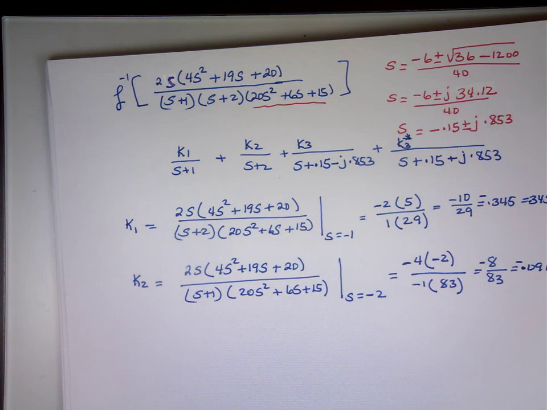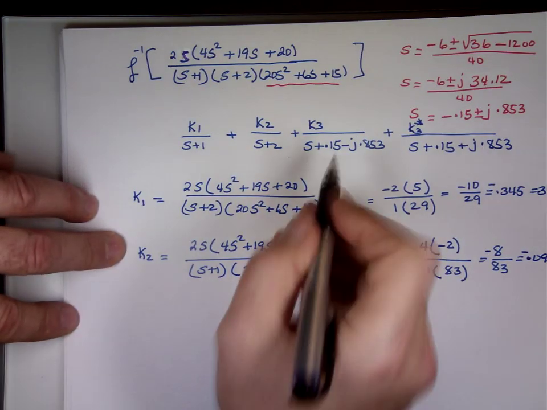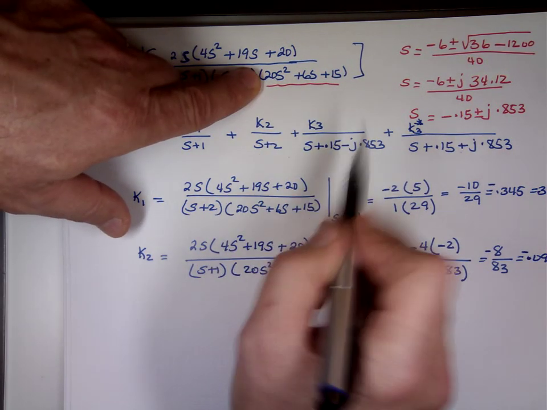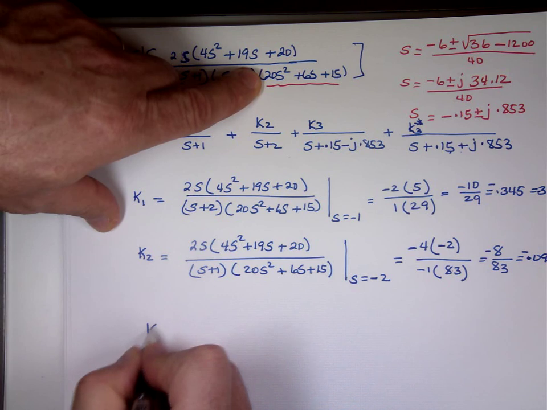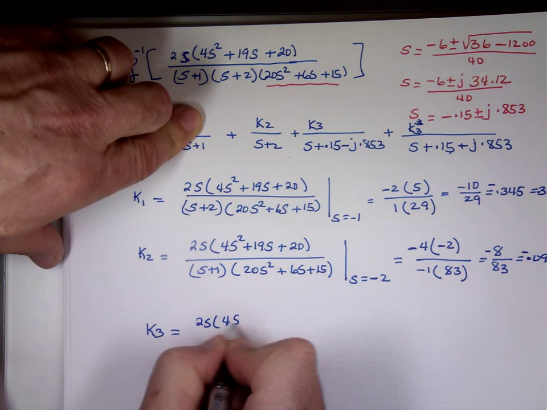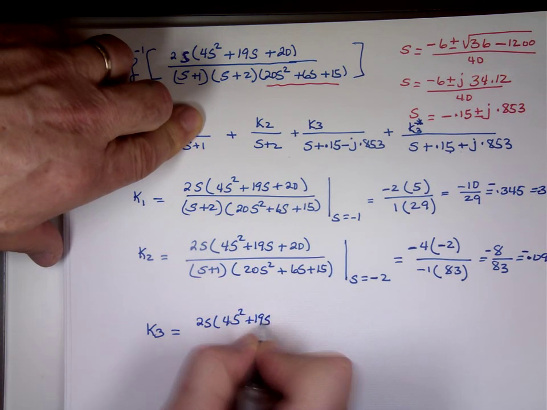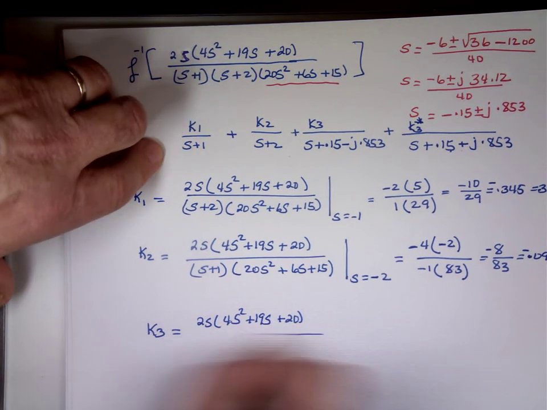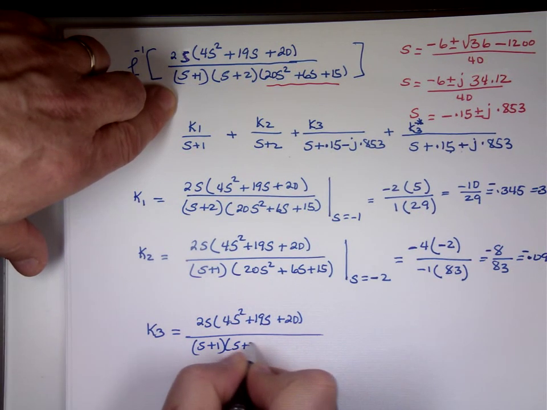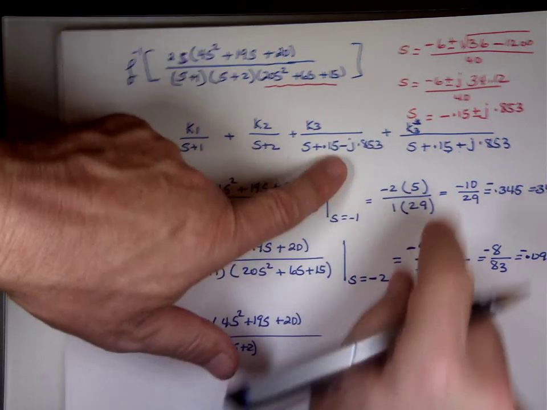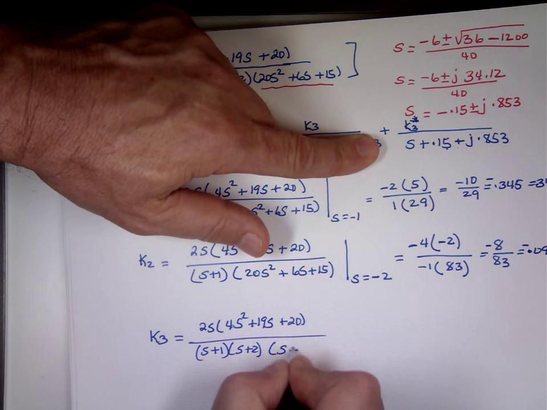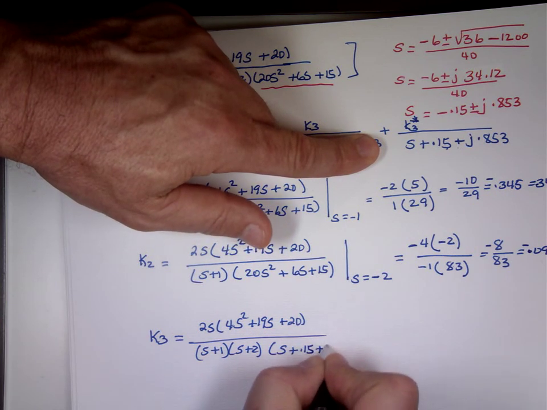Now K3. Notice you can take this bottom and write it as this times that. So if I'm looking for K3, this is going to be 2s, 4s squared plus 19s plus 20 over s plus 1, s plus 2. You're going to replace this with this times that. Since this is going to be gone, what you have left is s plus 0.15 plus j 0.853.